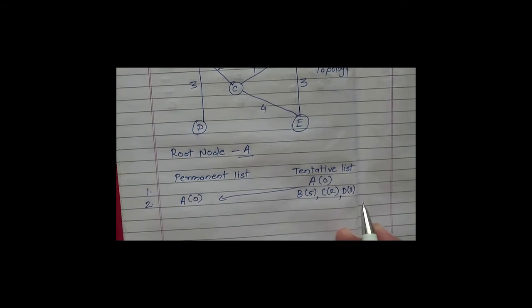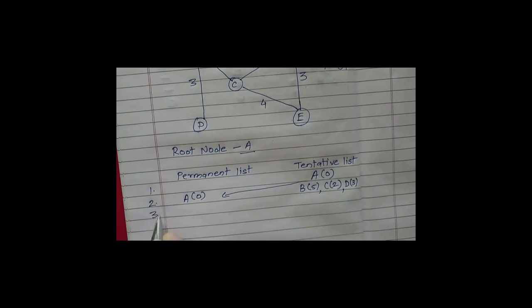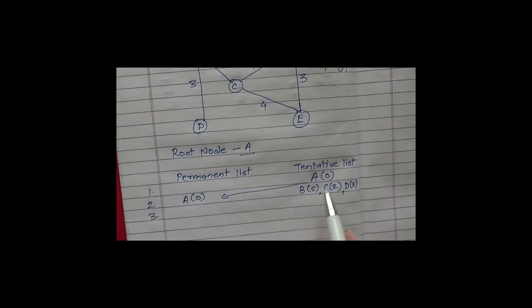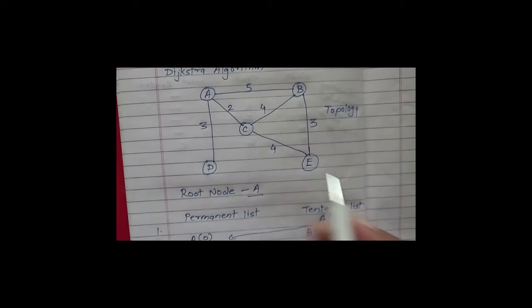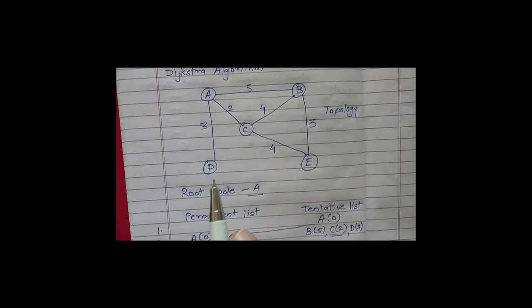Now in the third step, I have to identify the least cost among B, C and D. So 2 is the least cost among these tentative list nodes. So now I have to move C to the permanent list. And what are the immediate adjacent nodes of C now?